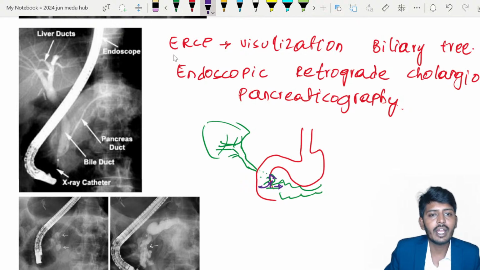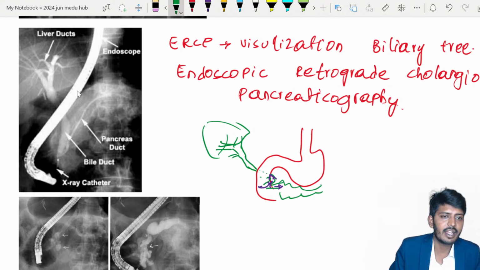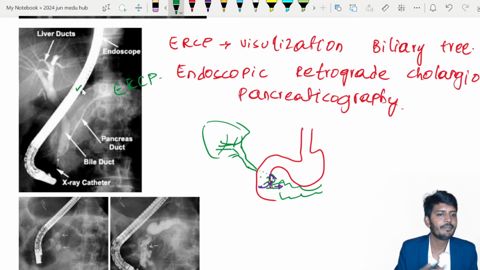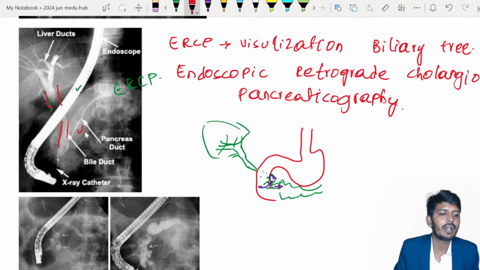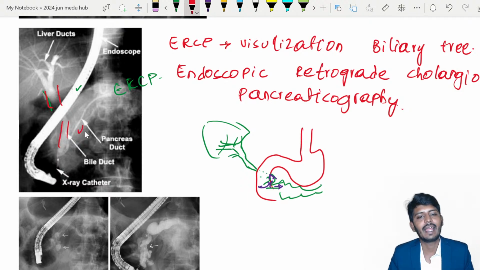Now remember, this is the ERCP image. In the ERCP image, you can notice this particular center one is your endoscope, right? Here is your common bile duct. This common bile duct is combining with, very important, the pancreatic duct.